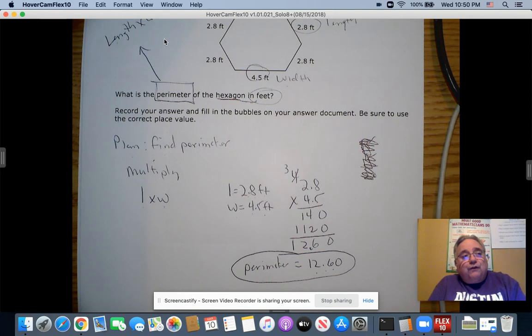If you look for the formula on the reference sheet, you might be able to remember, oh, it's not multiplication, this is adding. Remember, perimeter is a boundary, or it goes all the way around something. And usually when you're trying to find the perimeter, you're walking and you're adding. Oh, I'm adding all these steps. Walking all the way around, or I have to find how many inches or how many feet I have.